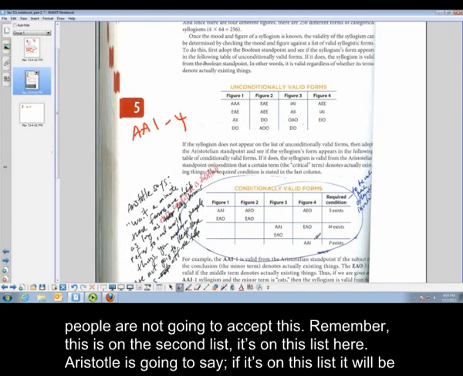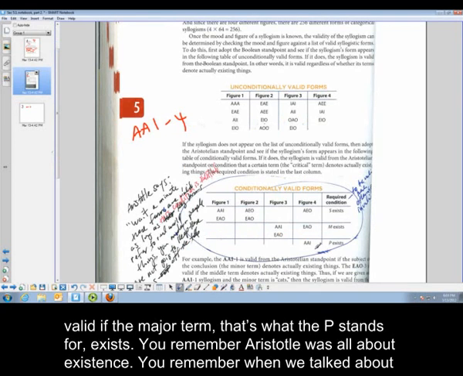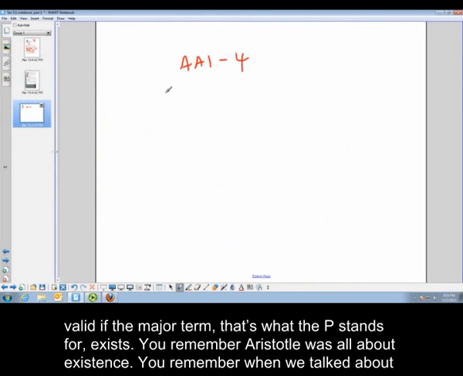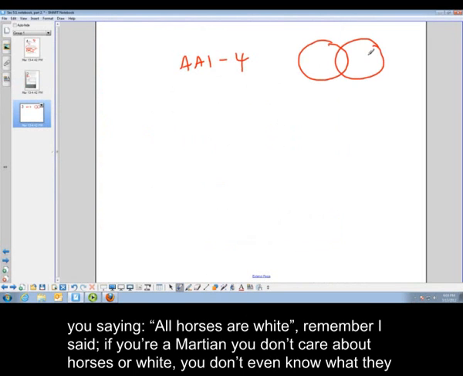Aristotle is going to say if it's on this list, it will be valid if the major term, that's what the P stands for, exists. You remember Aristotle was all about existence. So here's, you remember when we talked about if you say all horses are white.